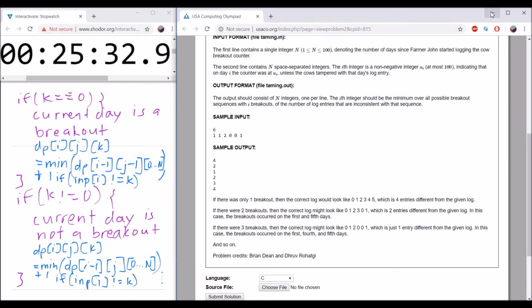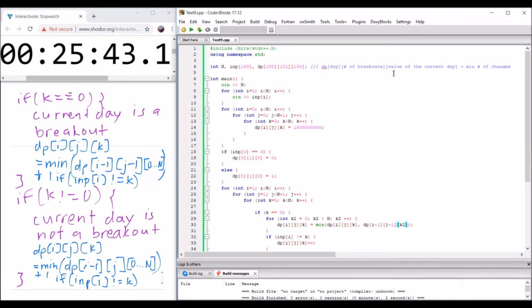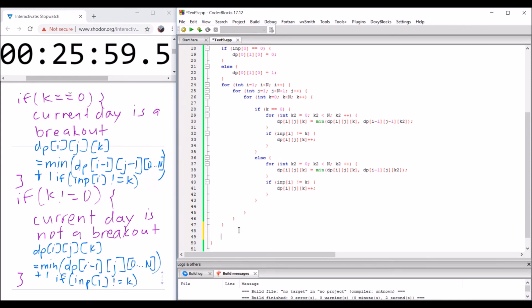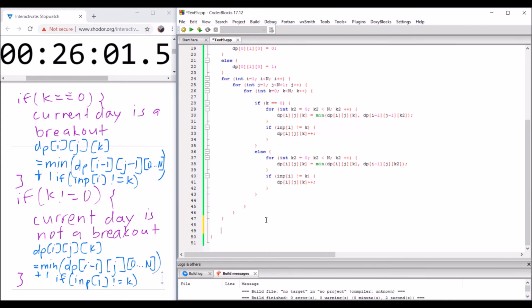But basically, we're supposed to take dp at n minus 1 and put the minimum over j, the number of breakouts. For every single j, from 1 to n, on day n minus 1, the last day, so you have to go through all the days. For all of these values, we have to print the minimum for all of k. This is a bit confusing, I guess, but that is what we're supposed to do.